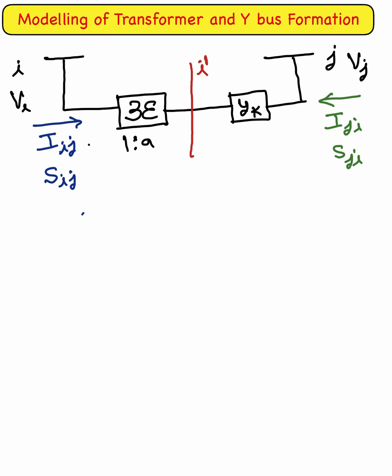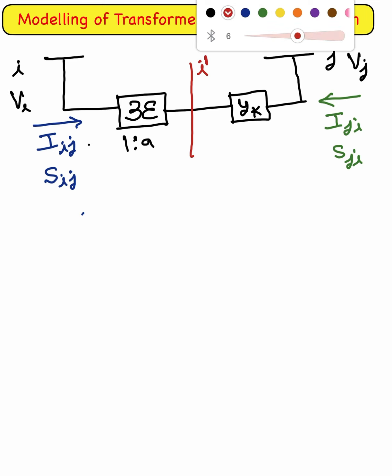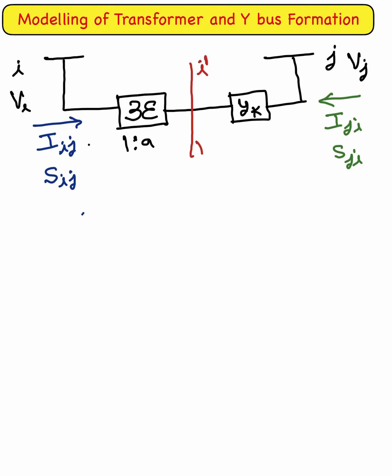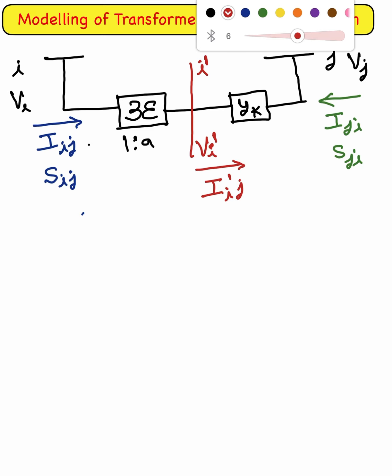Here you can see there is the bus I dash, where the voltage is VI dash, and the current is flowing from I dash to J, so the current is I dash J. You can see the figure, then you can easily understand.